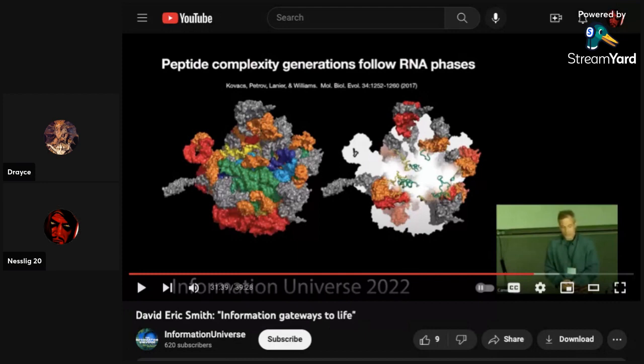Maybe the precursors of the small and large subunits were able to perform something like translation, but definitely not to the same extent that we know it today. So what he's saying is that this points to folding having occurred before you have something that encodes the sequences to have these folded structures.